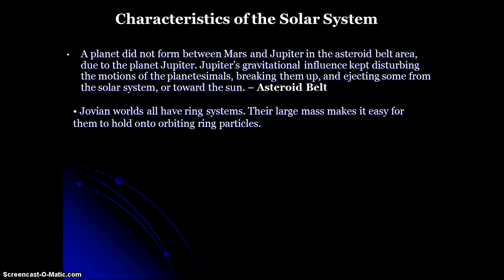So one other important thing, it's interesting if you look back, and we'll show this, if you look back at the original picture with the 4 inner planets and then the gaseous planets, there's actually a big gap between the last inner planet, which is Mars, the rocky planet, and the first gaseous planet, Jupiter. It's actually quite a large gap where there's no planet at all, but there is a lot of material there. There's a lot of material in the form of rocky asteroids, and that region is called the asteroid belt. And in fact, there would have been another planet there.